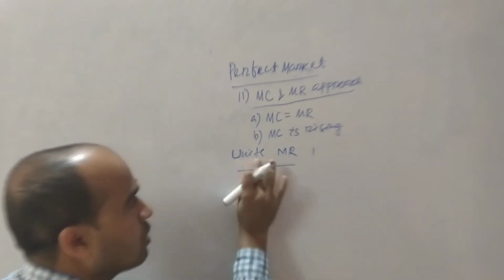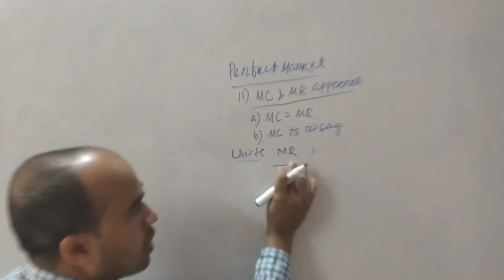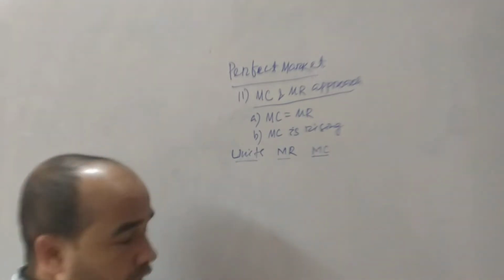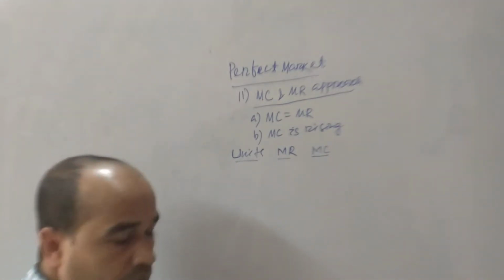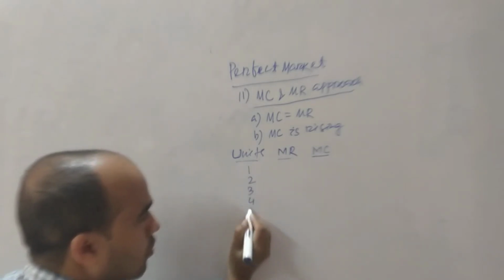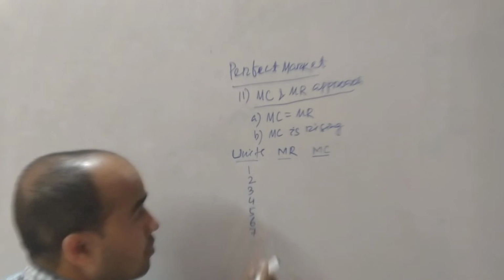I will only write units because sold is not required. Is it visible? Yes. Okay, the units are 1, 2, 3, 4, 5, 6, 7.